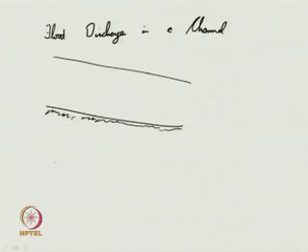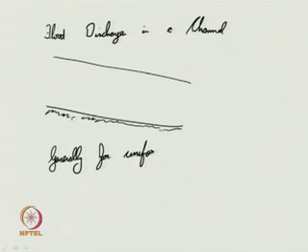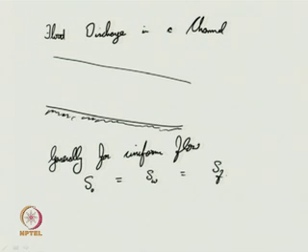Going back into the uniform flow computations, you have seen that generally for uniform flow, your bed slope, your slope of the water surface and the energy slope, all of them are equal.